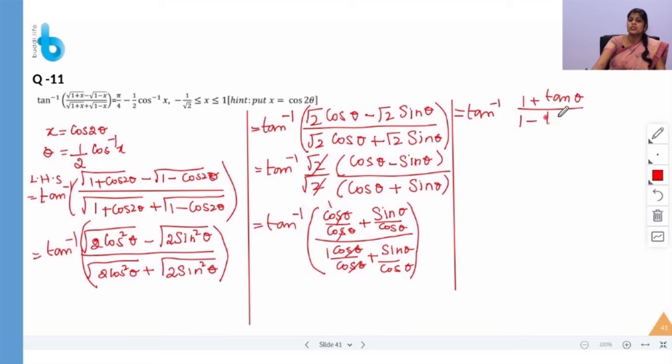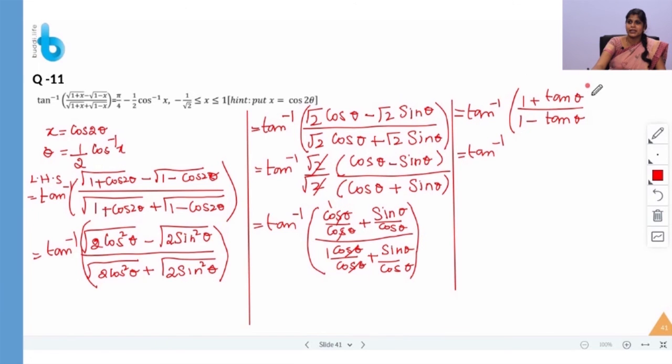Now see, instead of this 1, I can substitute tan pi by 4, right? This adjustment we have used in many exercise problems previously. So instead of 1, I am substituting tan pi by 4.